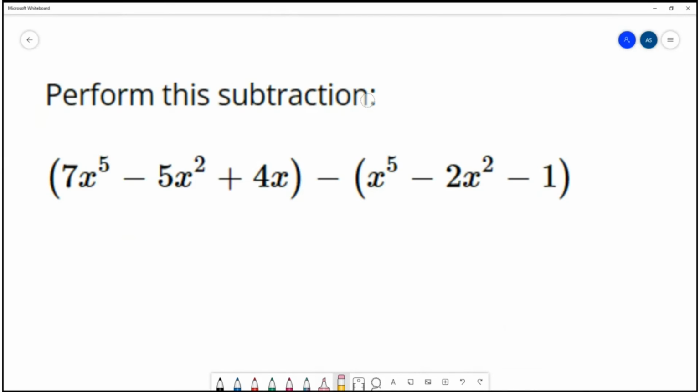Perform the subtraction. We have 7x to the 5th minus 5x squared plus 4x, minus x to the 5th minus 2x squared minus 1. So we want to remove these parentheses in order to combine like terms.